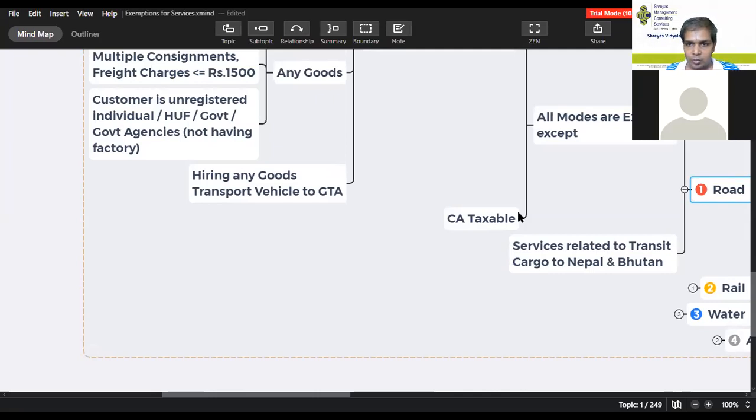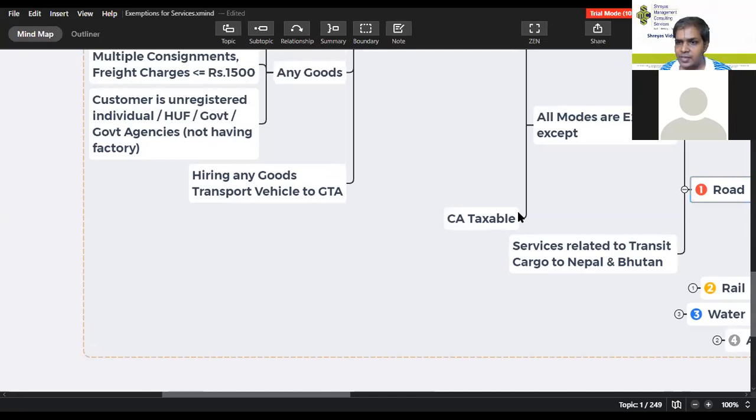The next one, turnover of goods for unregistered individuals. We have 90% people giving the correct answer. The answer is exempt because we specifically discussed that as exempt. Less than 750 is exempt. Unregistered individuals are anyway exempt, even if any amount is there. Next one, transport of gases through pipeline.